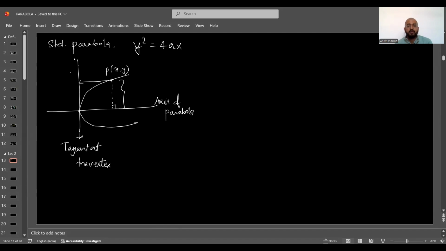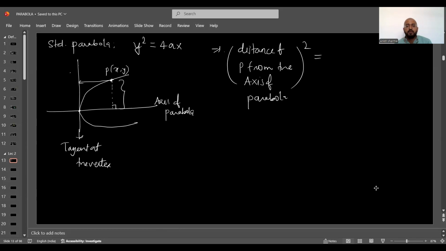So now I can think of y square equal to 4ax as: y is the height, that means it is the distance of P from the axis of parabola. So the distance of P from the axis of parabola, squared, is equal to 4a.